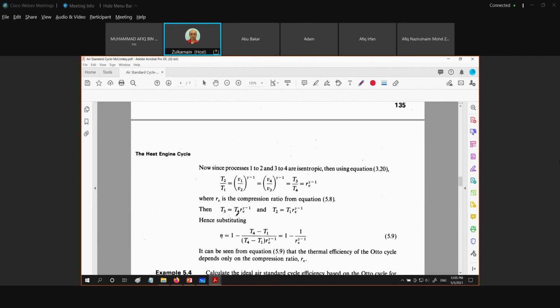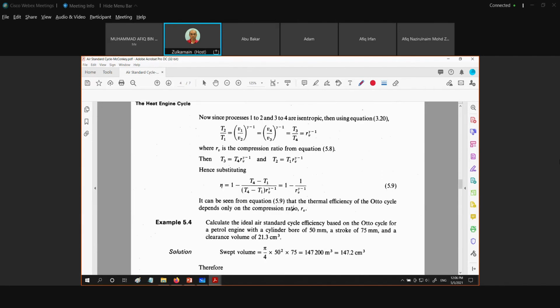And then by substituting T3 equal to T4 R^(gamma minus 1), and T2 equal to T1 R^(gamma minus 1), the final equation for the efficiency in an Otto cycle is given as this, which is a function of compression ratio.